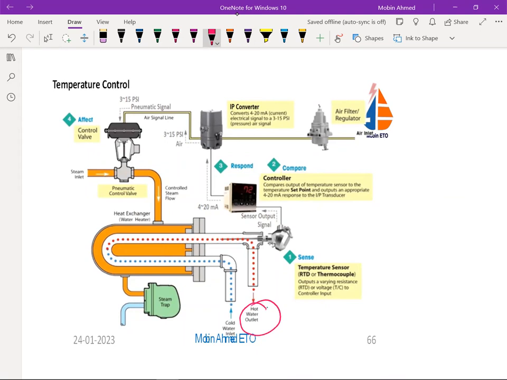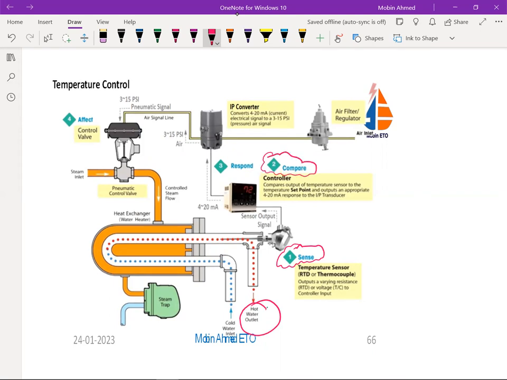So what we are going to do for anything, as I have told you in the closed loop control systems, first thing is the sense. So there is a temperature sensor that is put here. The signal is given to the controller. So from here the output sensor signal will come here. The controller that is having the comparator, it is going to compare with the set value.